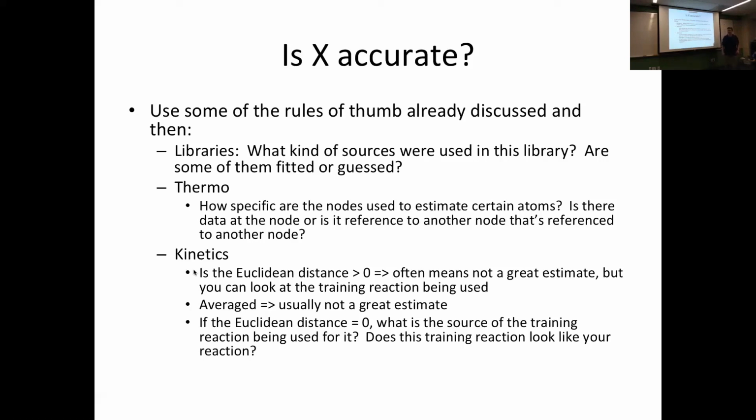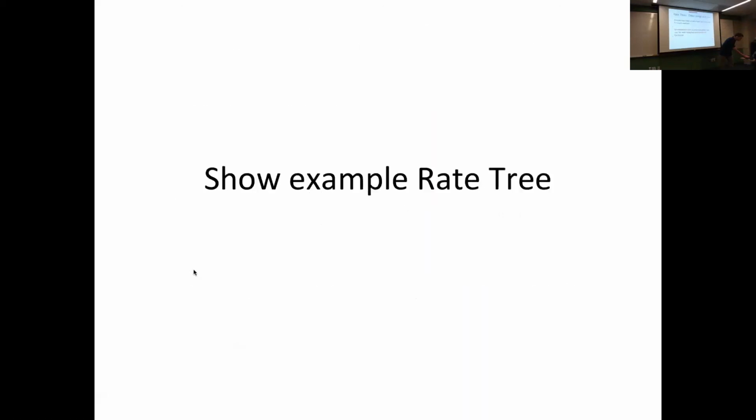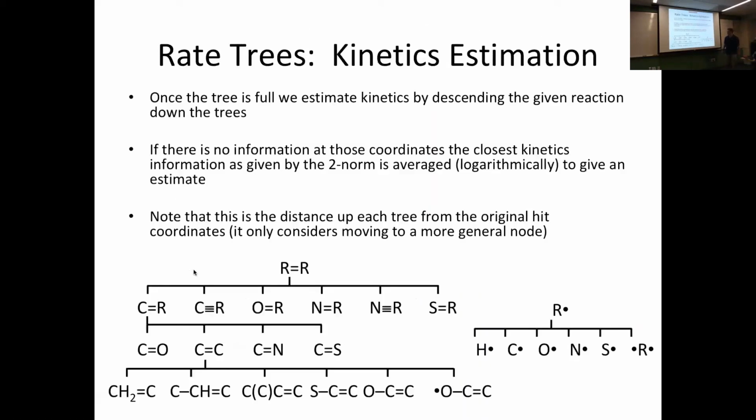Real quick, can you explain one more time what the Euclidean distance is with regards to the trees? So the Euclidean distance, you can sort of look at it as this part of the tree is one dimension and this part of the tree is another dimension. If we're at this point in this dimension and at this point in this dimension, then we can make decisions about moving up.